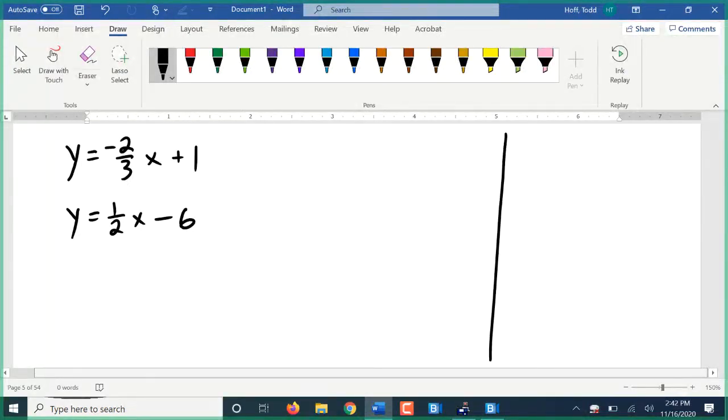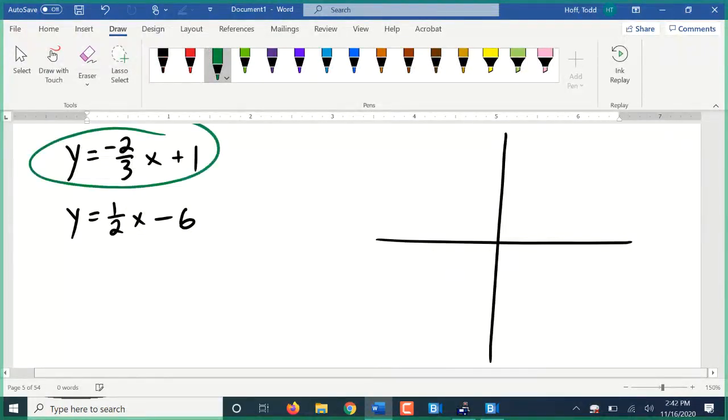So when we go to graph this top one, we'll start out at a positive 1, and we'll go down 2, run 1, 2, 3. Let's do it one more time. Down 2, run 1, 2, 3. And put our point there.